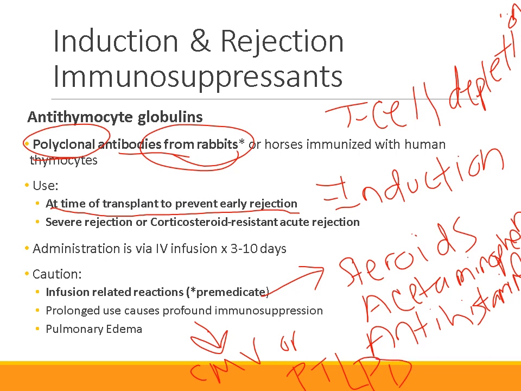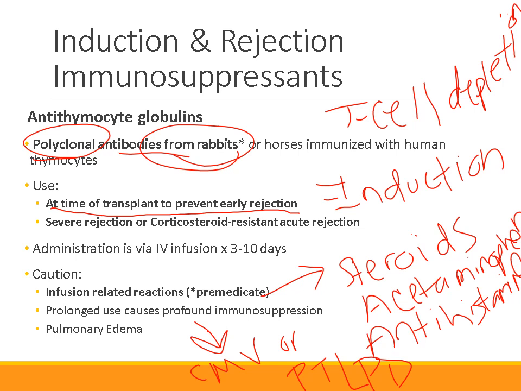I will talk about that more a little bit later. It can also be associated with some pulmonary edema. So these are all things to look out for.